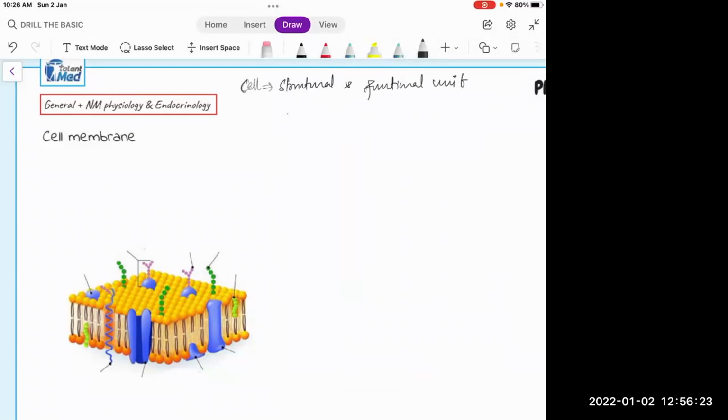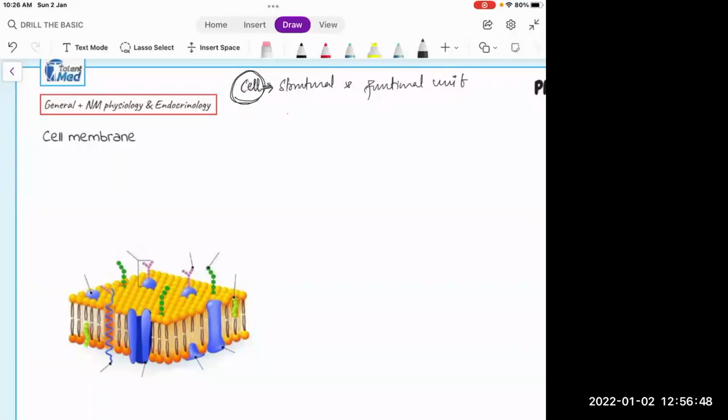Whether it is a nerve cell, muscle cell, secretory cell, or any other type of cell, that is the structural and functional unit of the specific target structure. Before going into the systems of the physiology, we should know the basics of all those systems.